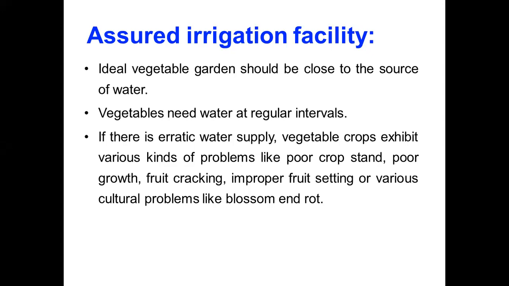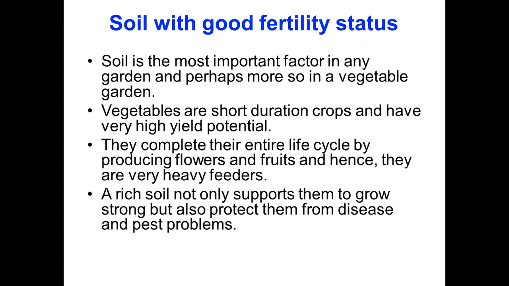Because if there is erratic supply of water, you find that there will be a lot of problems shown by these vegetables, such as poor growth, stunting, improper fruit setting, and various other problems that may be observed in your vegetables.